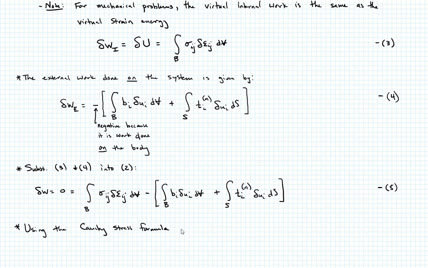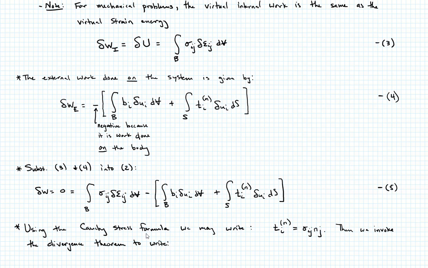Remember this, I'm not going to derive it because hopefully you remember it if you're watching this video or taking this class. It's going to be equal to sigma ij nj. So we're going to use that Cauchy stress formula in equation 5, and then we're going to invoke the divergence theorem to write the following.